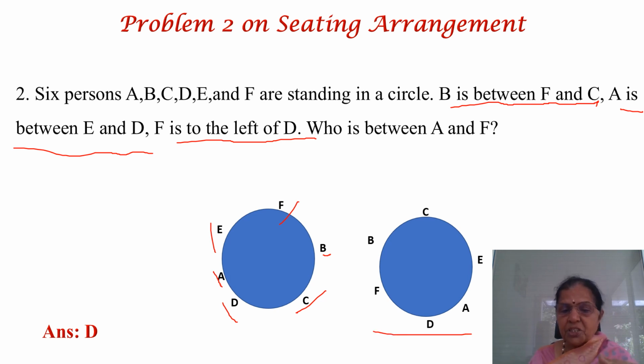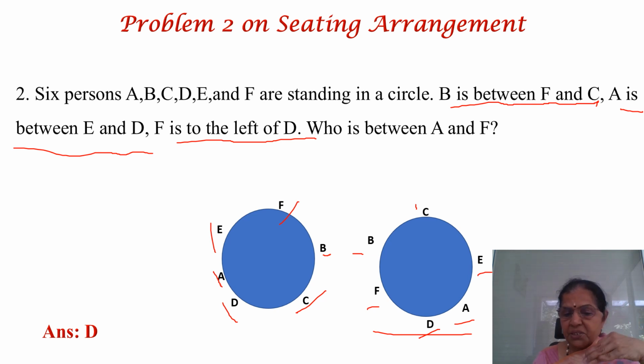So here I changed the position. I followed the same way. B is between F and C. So I brought B from this side of the circle to the left side. I put B here and on either side I put F and C. And A is between E and D. And F is to the left of D. Yes, third condition is fulfilled.